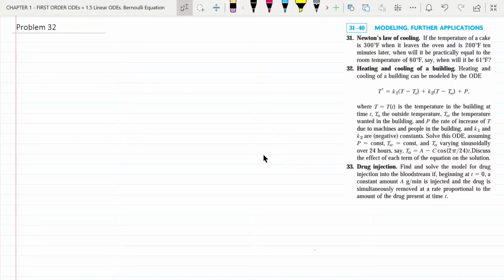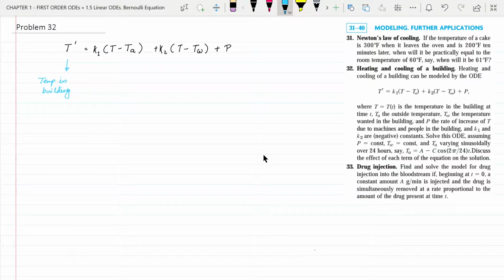Let's first write down the differential equation given in the question. T dash equal to K1 (T minus TA) plus K2 (T minus T omega) plus P. Here, this first term T is the temperature in the building at time t.